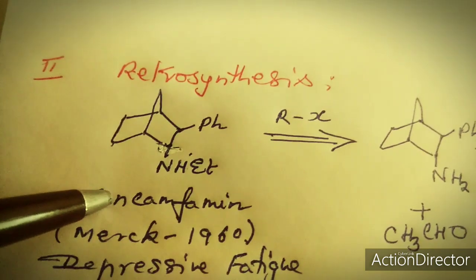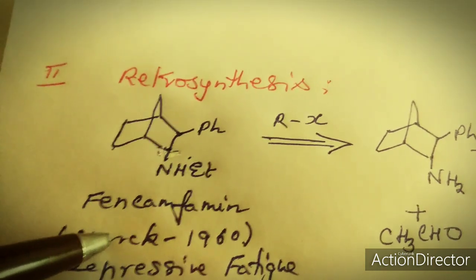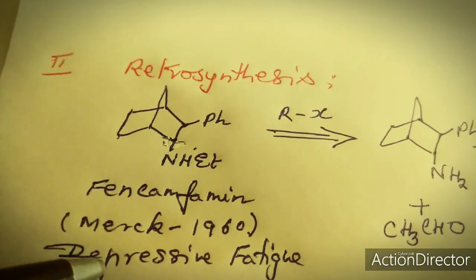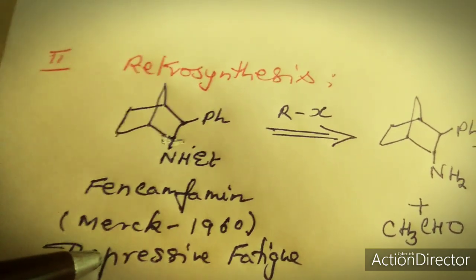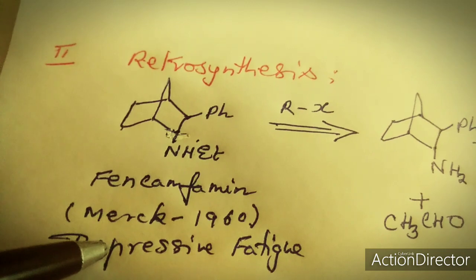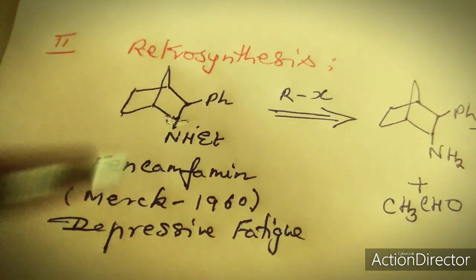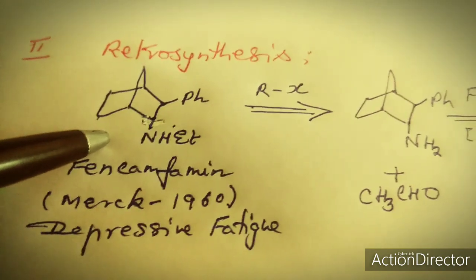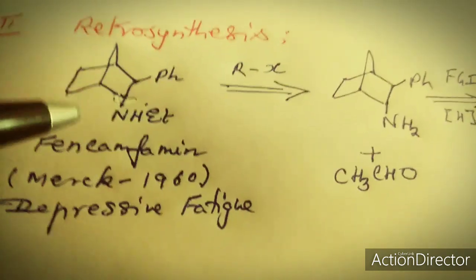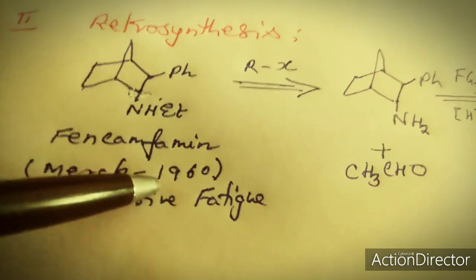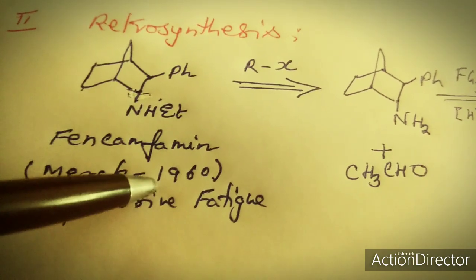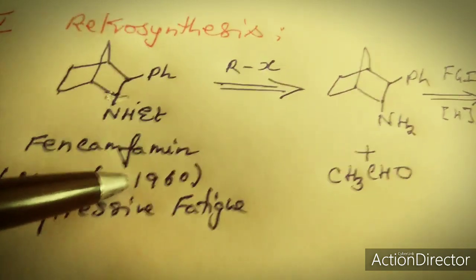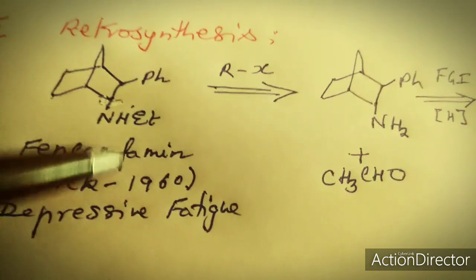This was by the Merck company, started off as a special use for depressive fatigue, that is tiredness due to depression, the daytime depression, because it has very less side effects, though now it is not so much in use. Since that time, a number of other compounds which are better as far as results are concerned have been manufactured or synthesized.